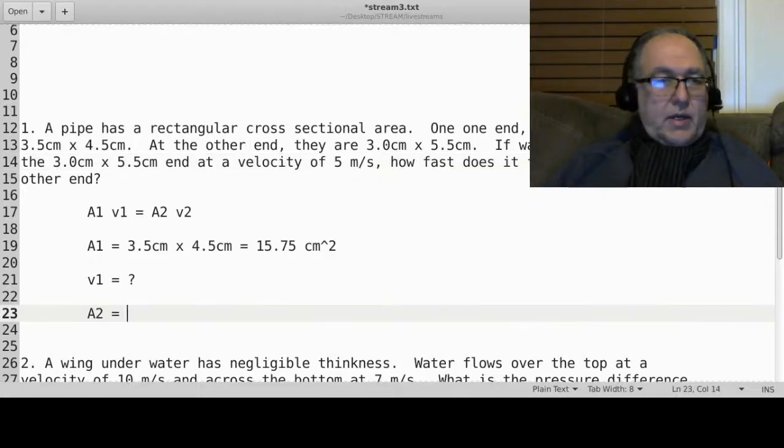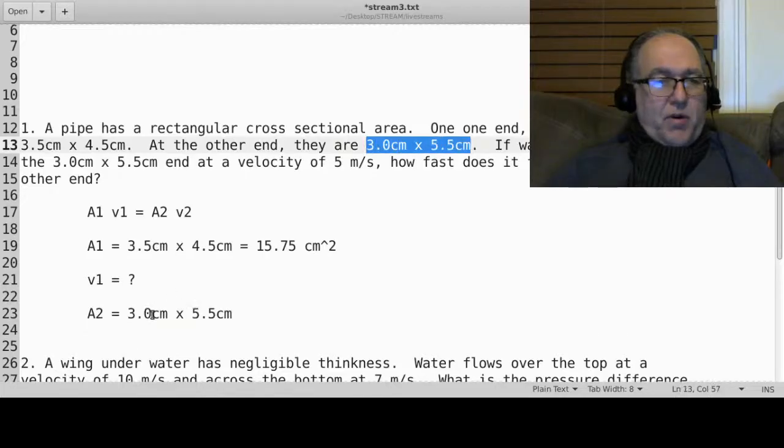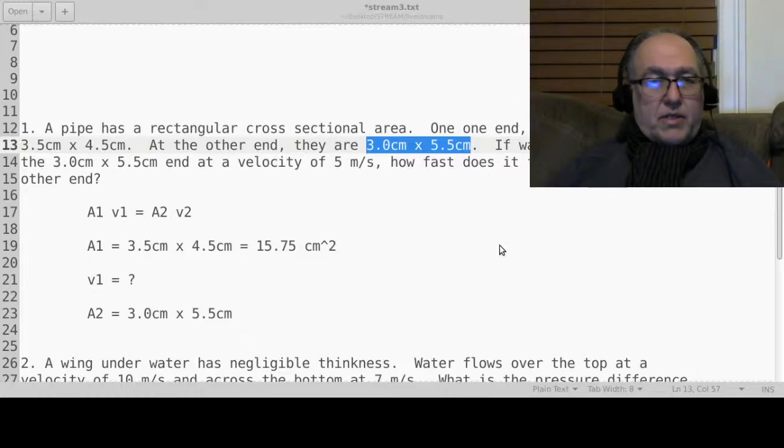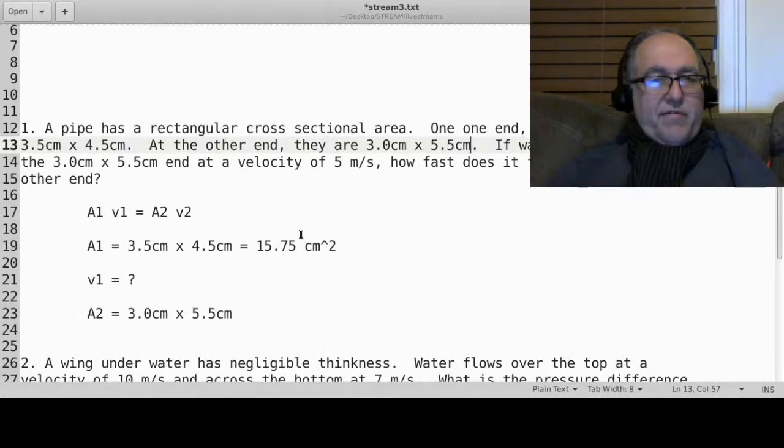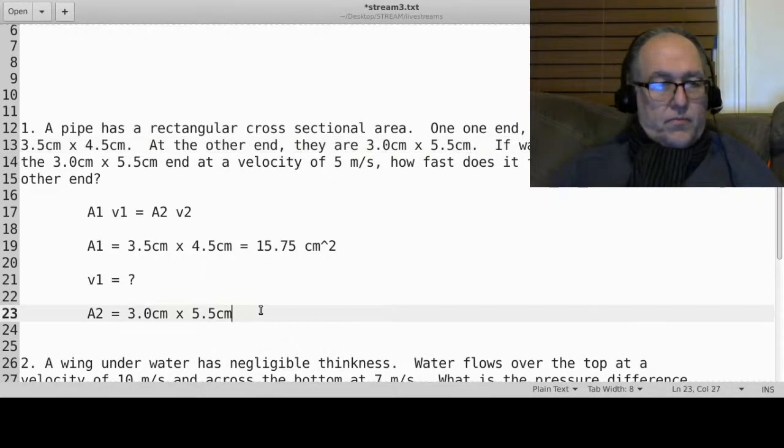So A2, that's the other opening, and it's going to be 3 by 5.5 centimeters. Let's see what that works out to. 3 times 5.5, it's going to be 16.5 centimeters squared.